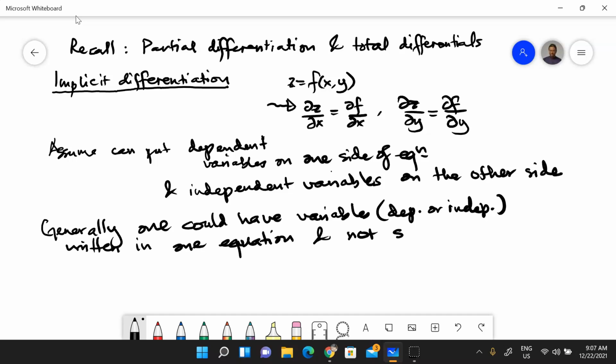Okay, so in this case, what is needed is essentially the implicit differentiation.